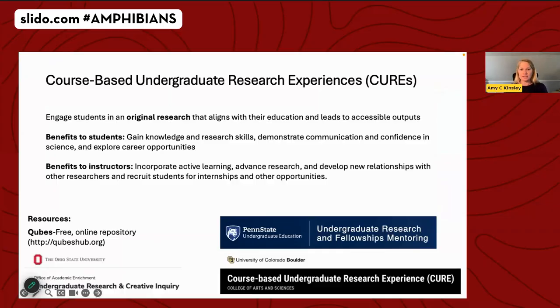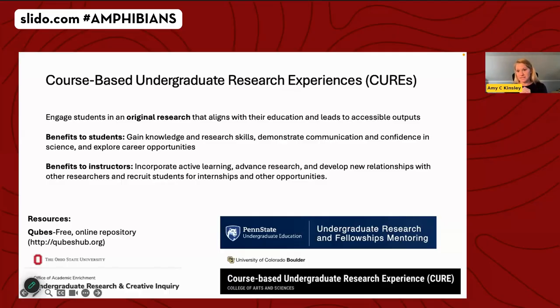And so within courses where instructors participate, the students then engage in research projects, and the data they collect are used to answer questions where there's really no known outcome yet, right? So a lot of times in class, students are given problems, they're asked to solve them, and the solution is already readily available.